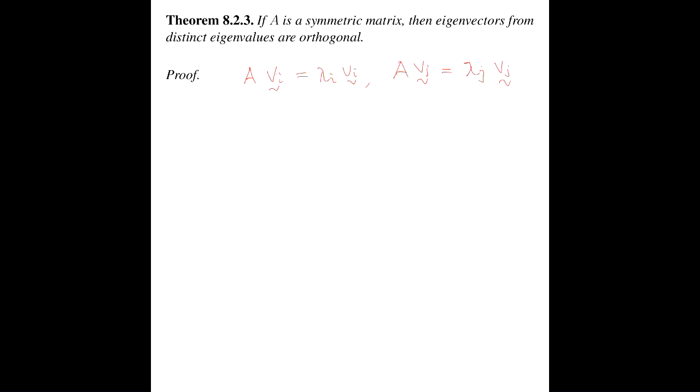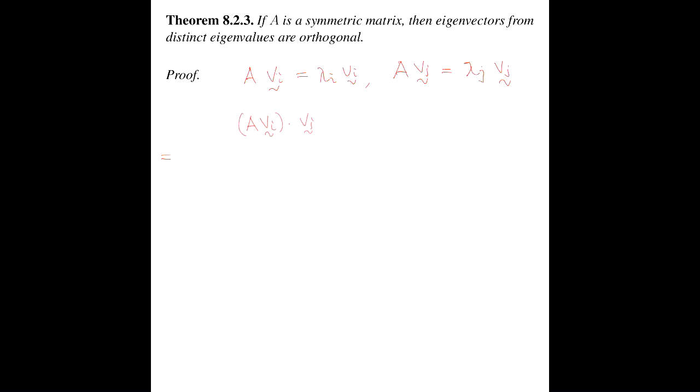So now we want to show Vi and Vj. If lambda i is not equal to lambda j, we want to show these two eigenvectors are orthogonal. Let's try to show that. So the dot product of these two vectors, the first vector is A times Vi, the second vector is Vj.